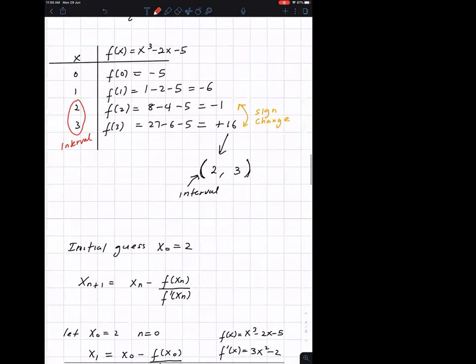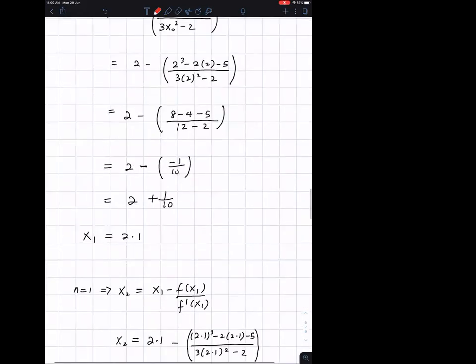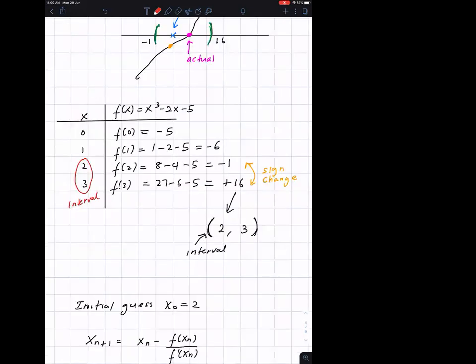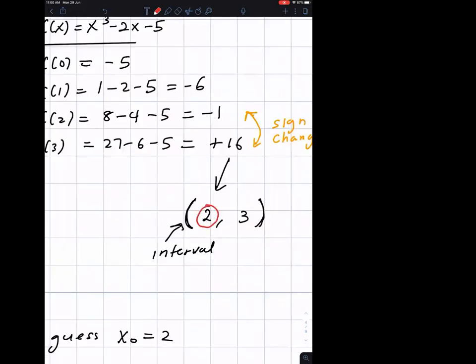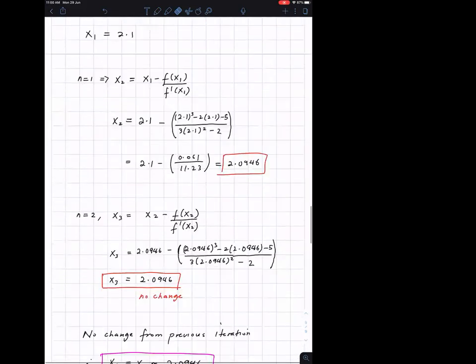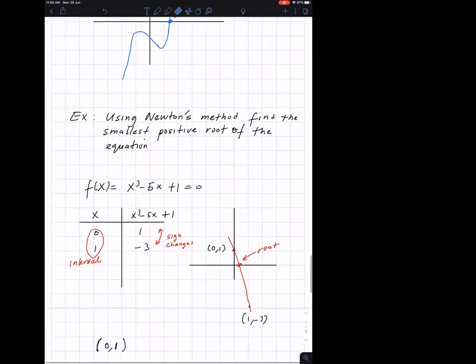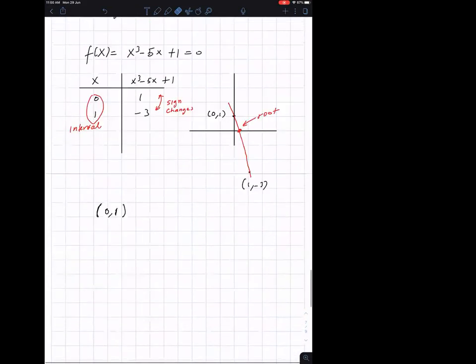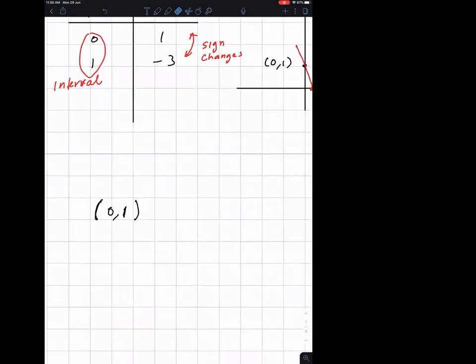You guys remember earlier on, my interval was 2, 3, so I chose 2 as my initial guess, because the root is lying somewhere in between. So what is your initial guess? If this is your interval, what will be your initial guess?